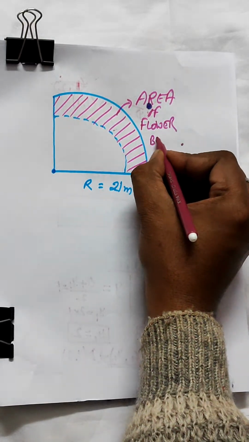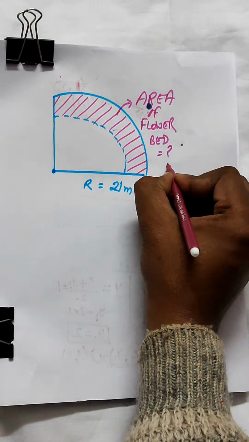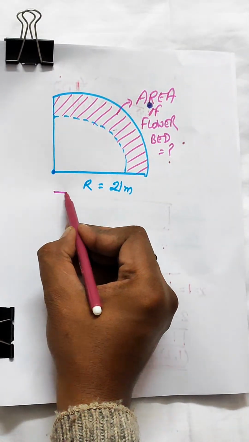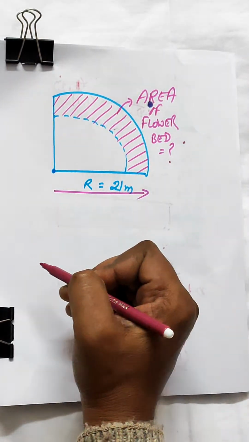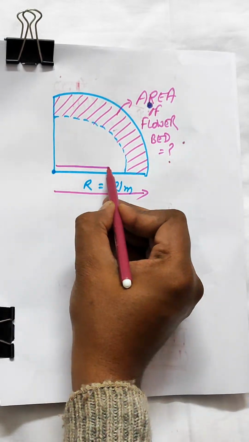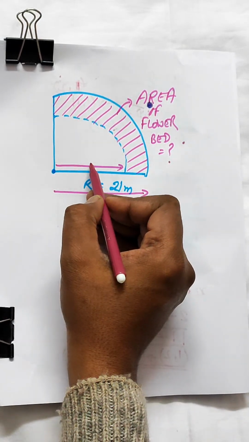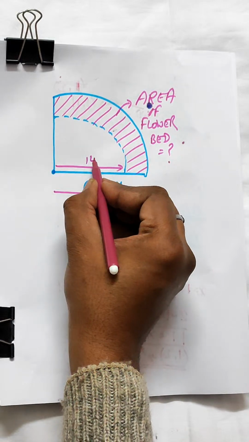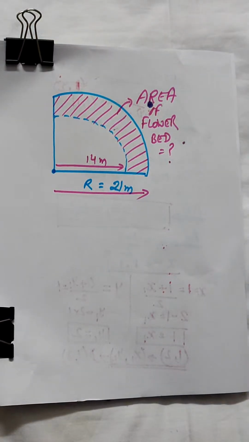If this bigger radius is given as 21 and the smaller radius is given as 14 meter, this is 14 meter, right? Now we need to calculate the area of this flower bed, right?